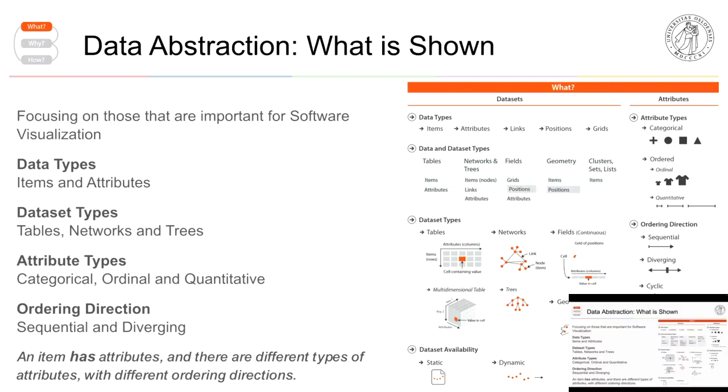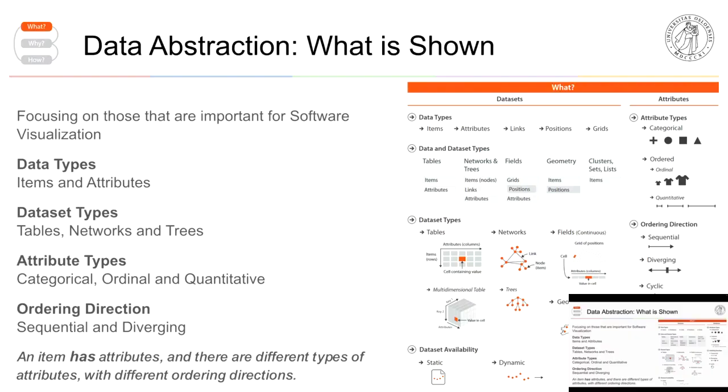The items are what you need to measure, and the attributes are the measurements on those items. You have some different types of data sets. So in software visualization, we mainly use tables, networks, and trees. And trees are a subset of networks. So basically, we have tables and networks, right?